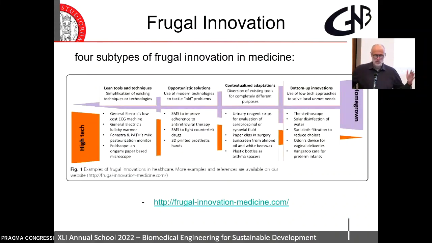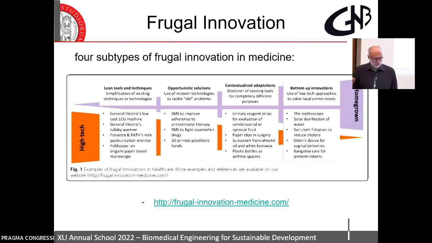So from these two drivers, high-tech and homegrown, regarding frugal innovation in medicine, in this website, frugalinnovationmedicine.com, you can find some examples, not so many, I have to say, but some interesting examples. The frugal innovations are classified in four categories that can help us understand the kind of solutions and approach that can be found.